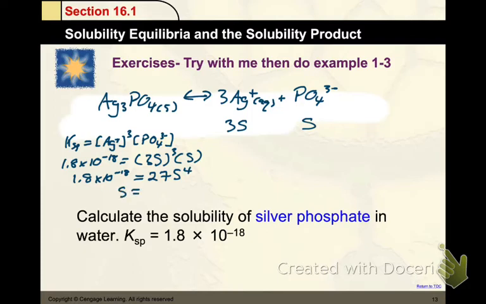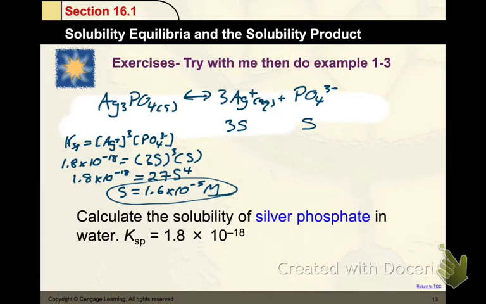So solving for S, the solubility, we would have 1.8 times 10 to the minus 18 divided by 27, and then take the fourth root of that, and I get a number that looks something like 1.6 times 10 to the minus 5 molar.